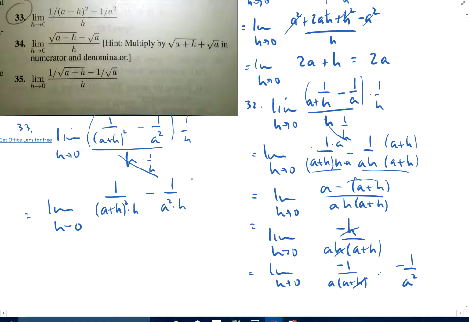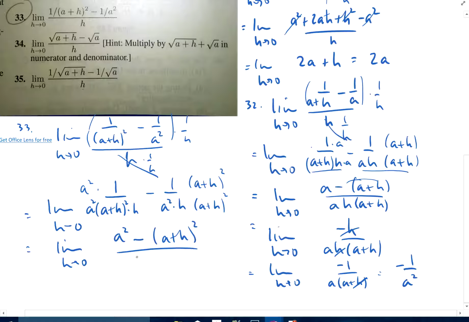Common denominator, this is just like the last one: a plus h squared, and multiply this one by a squared over a squared. Alright, so I get the limit as h approaches 0 of a squared minus a plus h squared, excuse me, all over a squared times a plus h squared times h.